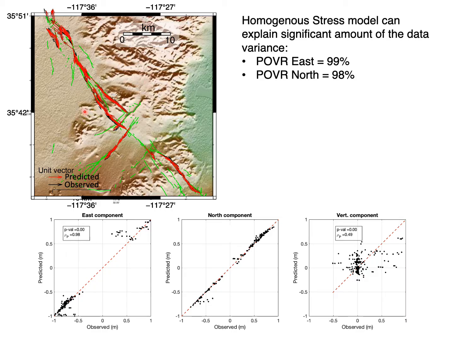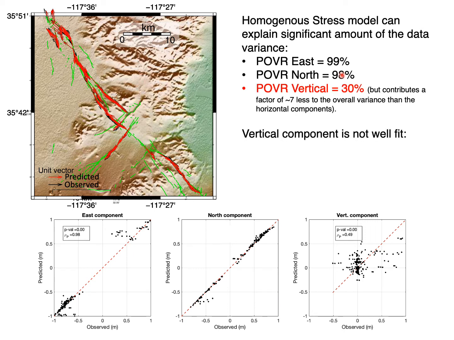And so this is comparing our observed slip vectors shown by the black vectors, and then the red is our predicted. You can see they match pretty well. And so the percent of variance reduction for the components in the east and the north directions are quite good. For the vertical, they're significantly worse, around 30%. And this is, I think, for two reasons.